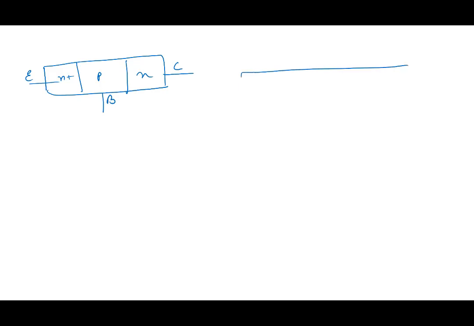Let's say I'm drawing a cross section. Transistor could be a piece of N-type silicon. Or let's start with P-type and actually make it bigger. All right, say P-type silicon. Now you know how the transistor would be made on this P-type silicon.